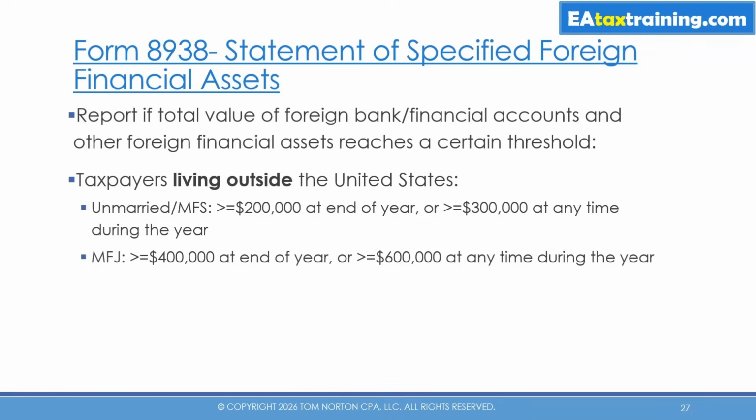So for anything other than married filing jointly, if the total value of all your accounts equals or exceeds $200,000 at the end of the year, or $300,000 at any time during the year, then you need to file this Form 8938. If you are married filing jointly, then again, those amounts double. So it's greater than or equal to $400,000 at the end of the year, or $600,000 at any time during the year. So that is Form 8938.